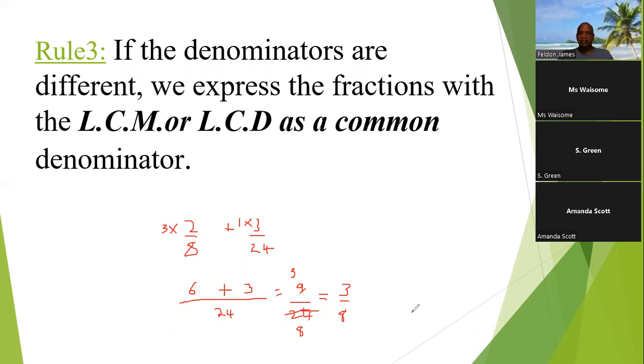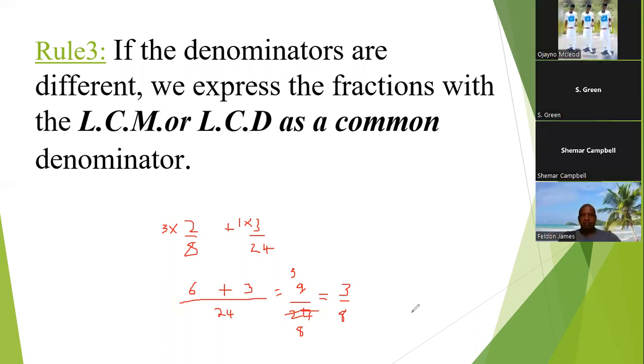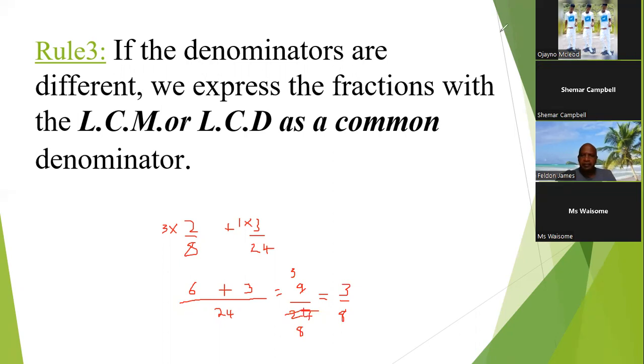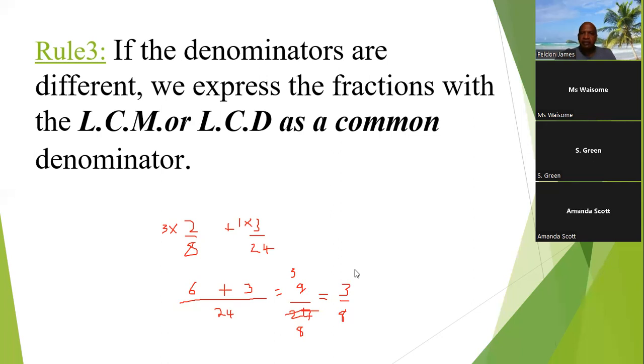Is that clear, guys? Any question? Is everybody clear on how to add fractions that have different denominators? Raise your hand if you're clear. Okay. All right, so that would have given us rule 3.